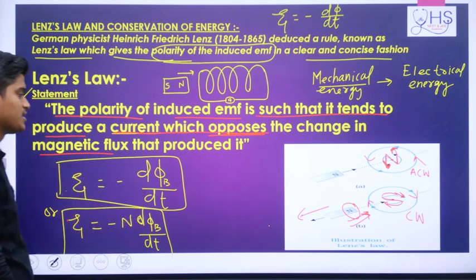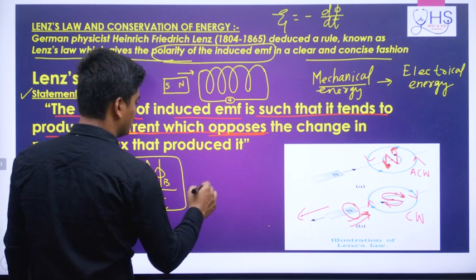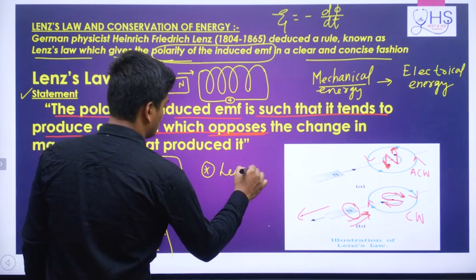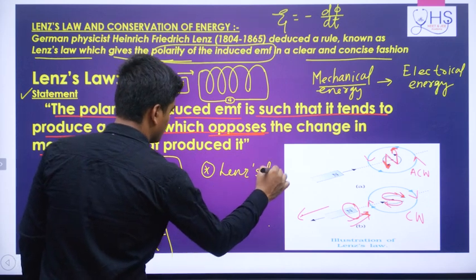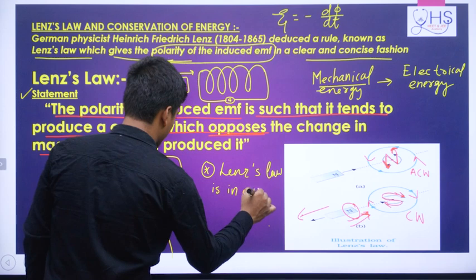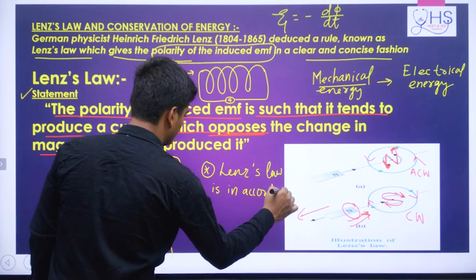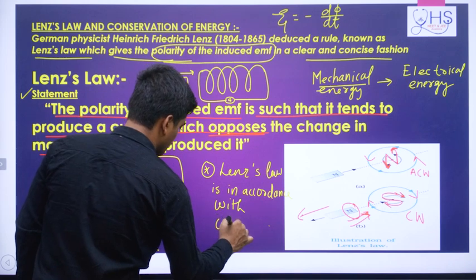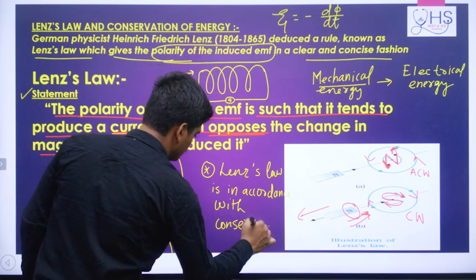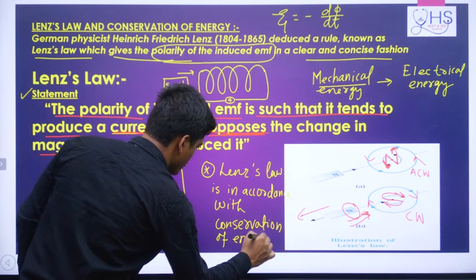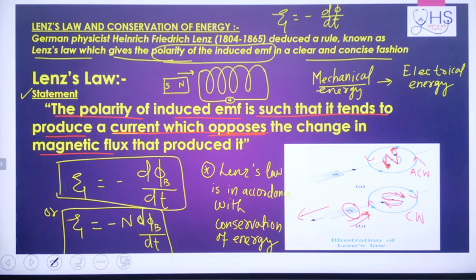This negative sign basically indicates the Lenz's law, and as a star-marked point you can write Lenz's law is in accordance with the conservation of energy. Okay. So this much you remember.